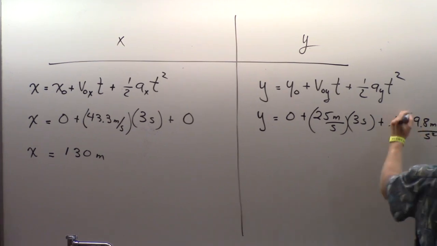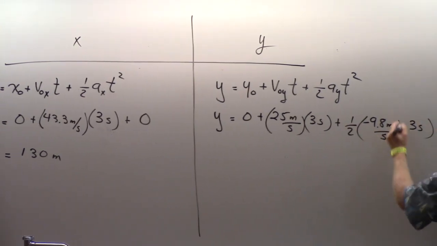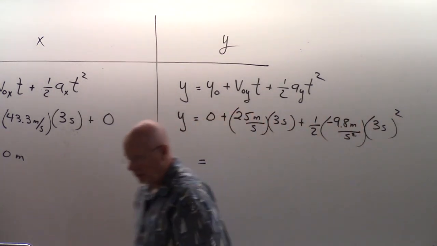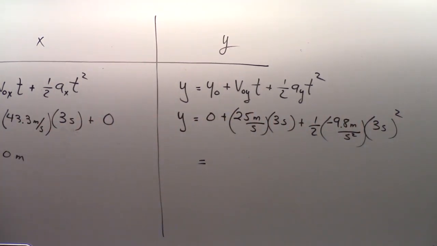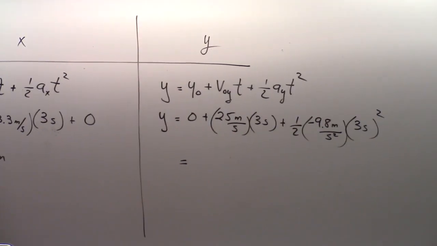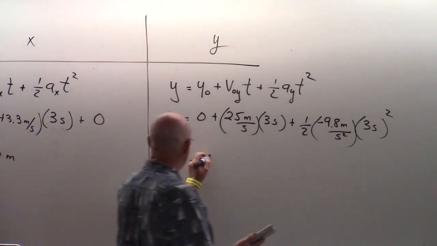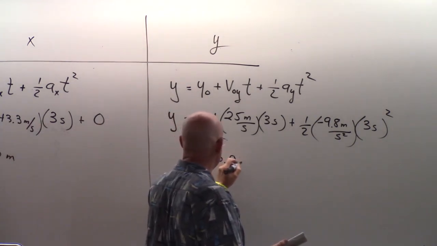Yes, negative 9.8. So I can just plug this one in too. I'm going to go 25 times 3, then add 1/2 times negative 9.8 times 3 squared. And I come up with 30.9 meters.